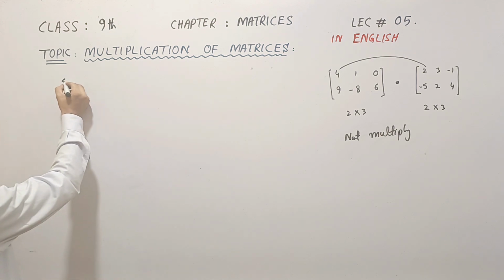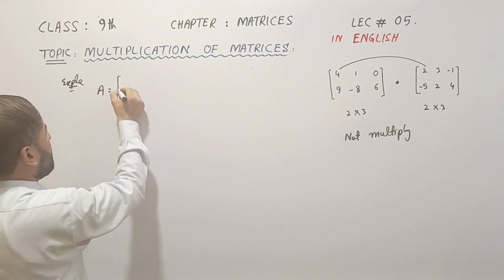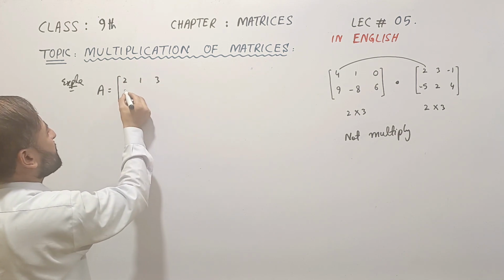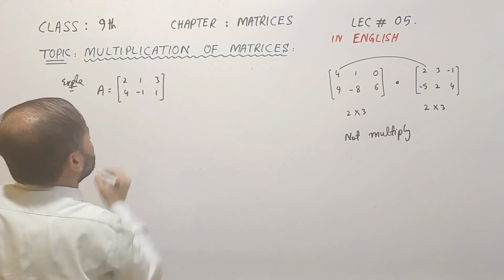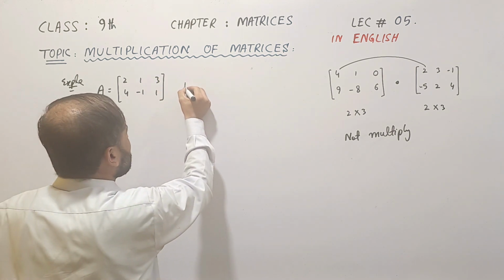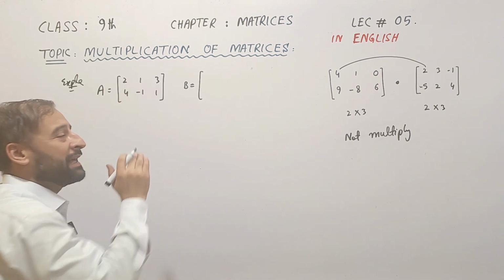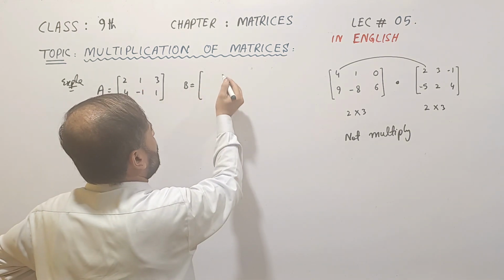For example, this is matrix A: 2, 1, 3, 4, minus 1, 1. This is a matrix. And this is another matrix. How many columns does it have? It has 3 columns. The second matrix should have 3 rows. It has 3 columns, so it should have 3 rows.